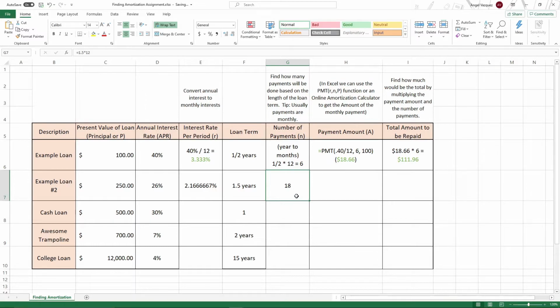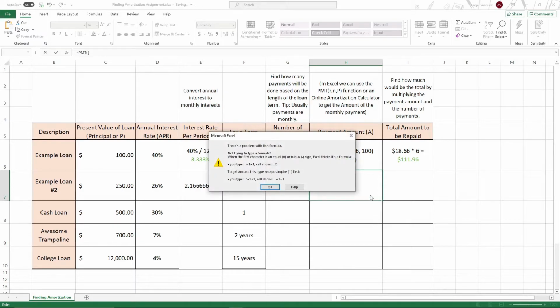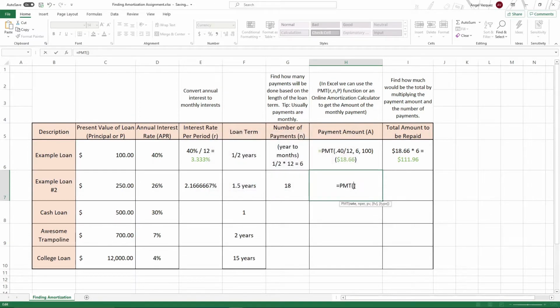Now we have the interest rate per period, and we have the number of payments, and we also have already given the principal value of the loan. So let's go ahead and use the PMT formula, or the amortization formula in Excel, to find the approximate payment for that amount of money in that time span.